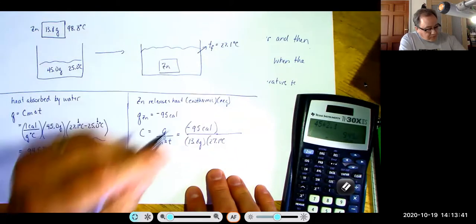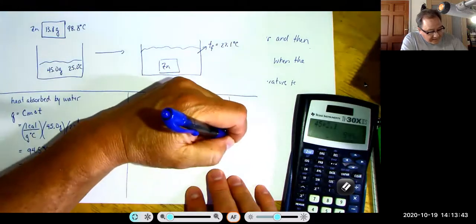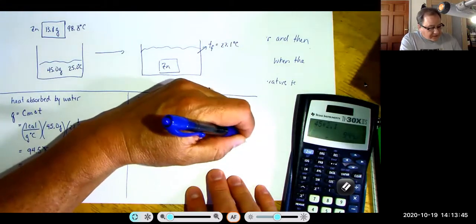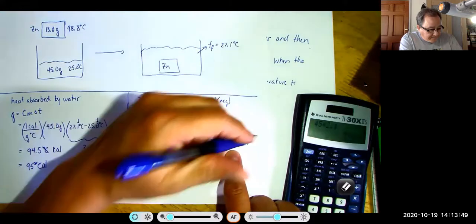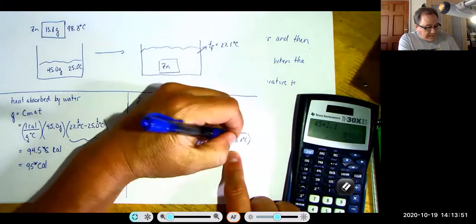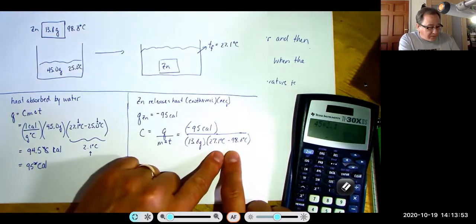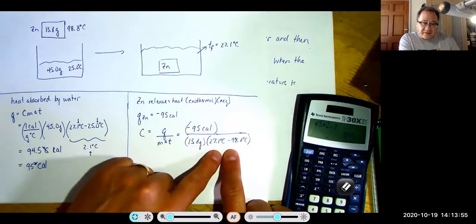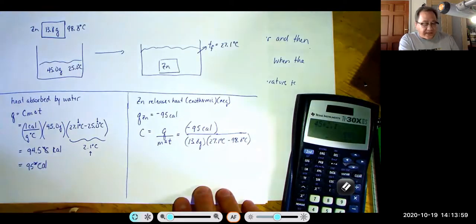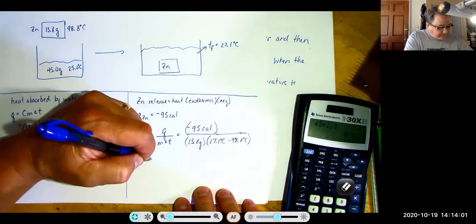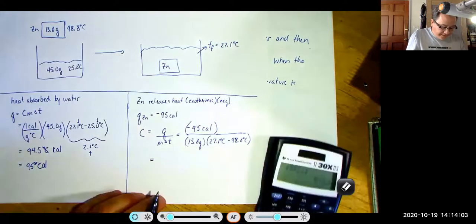The initial was 98.8 degrees Celsius. And you can see that this difference is going to be a negative value. And then when you have a negative value divided by a negative value, it becomes positive. So our specific heat capacity for zinc will end up being positive. So let's see what we get.